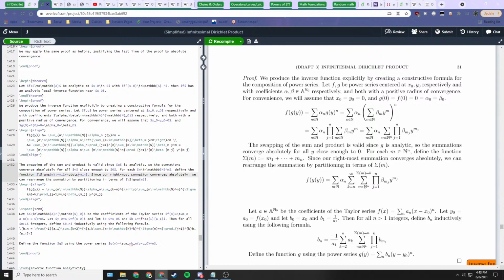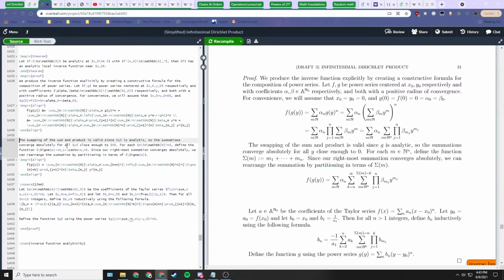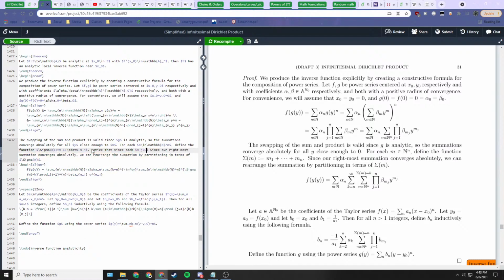So each m in this lattice has to have a sigma value. Actually, let's be a little more explicit. Since each m sub j is greater than 0, which means greater than or equal to 1, sigma m is greater than or equal to n.